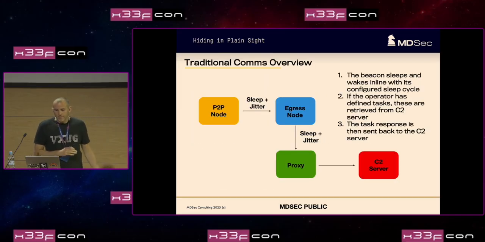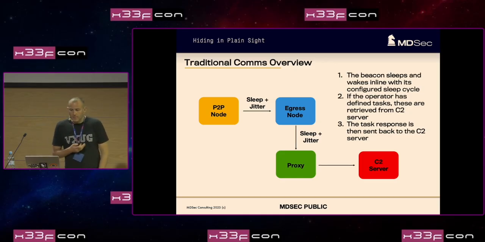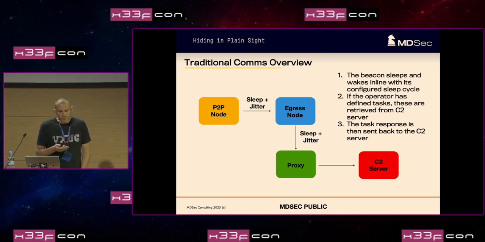Before I dive into beacon and how beacon detection works, I'm just going to cover some very basic concepts on how C2 frameworks typically perform beaconing. Traditionally, a C2 comms network would look something like this, where you've got n number of peer-to-peer nodes connected to an egress node.